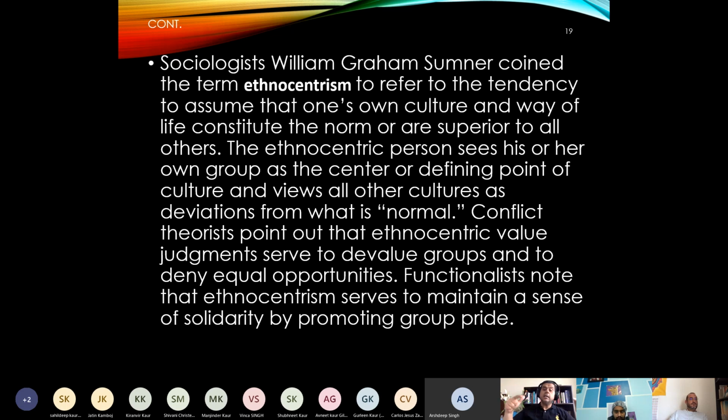So they can employ ethnocentrism for their own benefit. While the functionalists say that societies use ethnocentrism in order to maintain a sense of pride. When a group of people want to be more connected with each other, they make fun of another group, or criticize or talk negatively about another group just to feel that they are more superior, or just to feel that they are better. You get it?